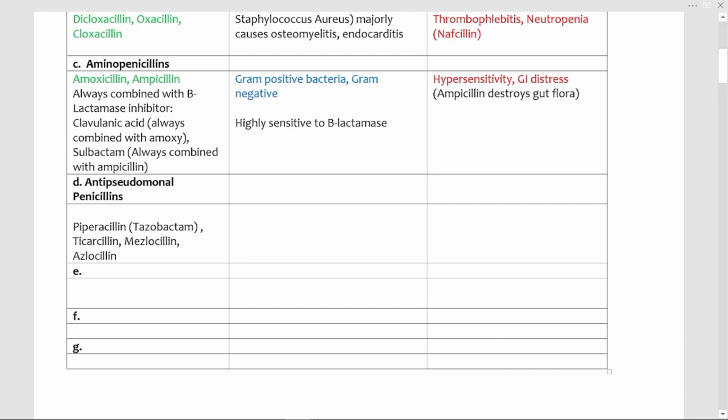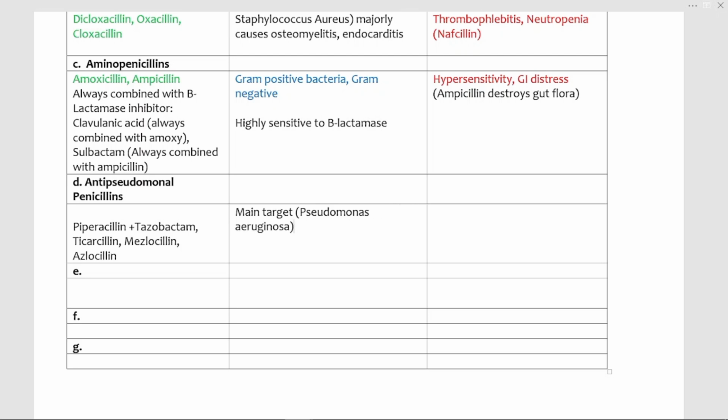Let me add a plus sign here to make it easier to understand. So we give piperacillin plus tazobactam, because it's also sensitive to beta-lactamase. The main indication of these drugs is always Pseudomonas aeruginosa.